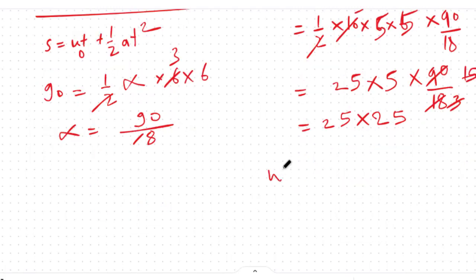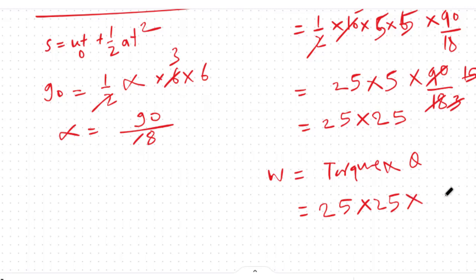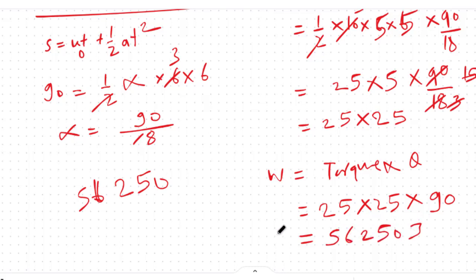Now work done will be torque into angular displacement, that is 90 radians. If you calculate this, it should come out to be 6,250 joules. That's it.